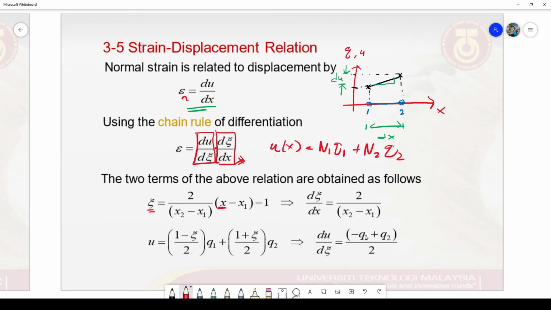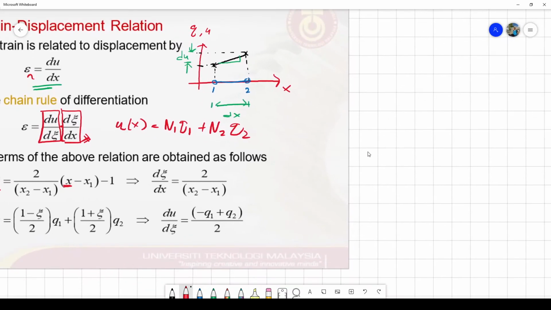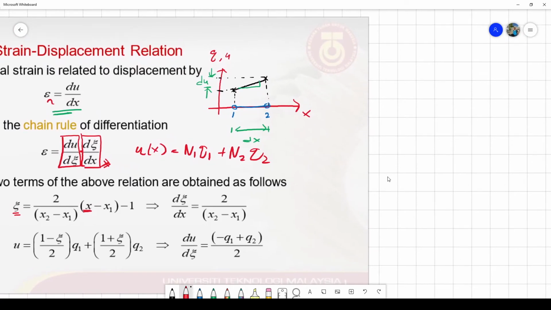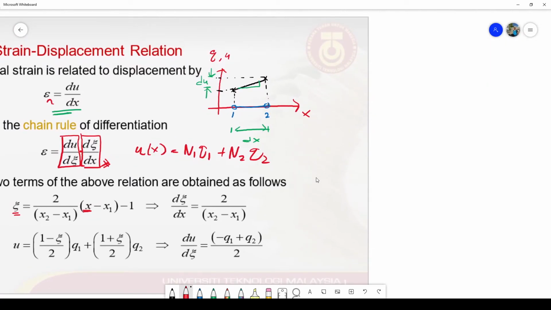So for example, z can also be written as 2 over le multiplied by x, minus 2 over le multiplied by x1, minus 1.